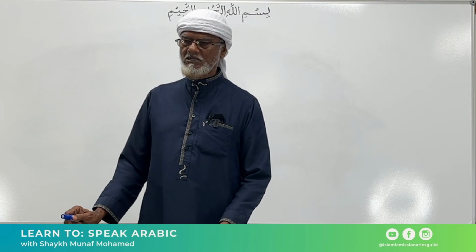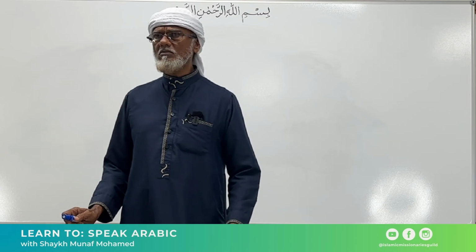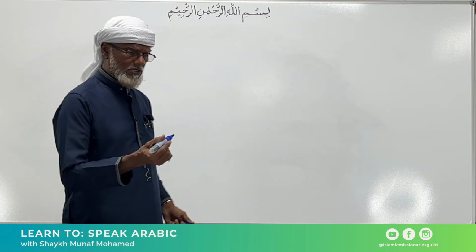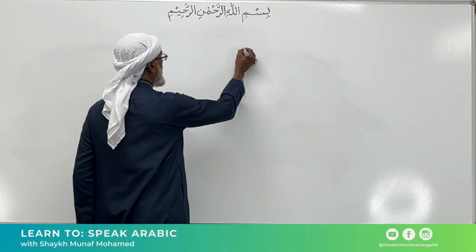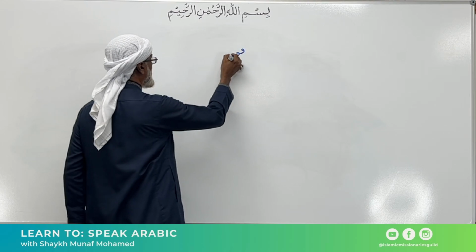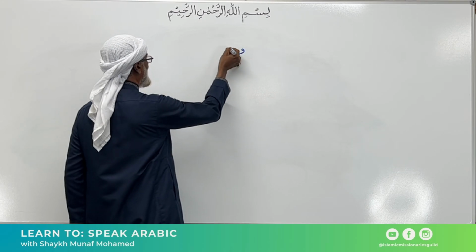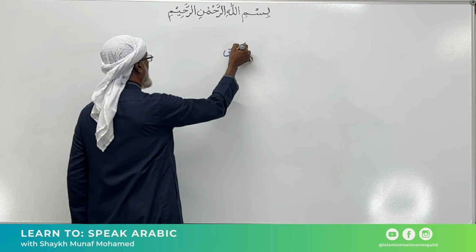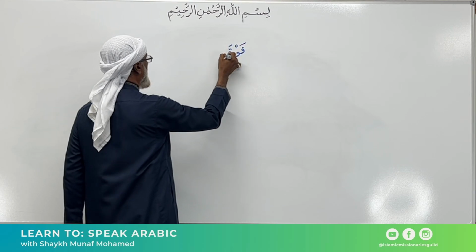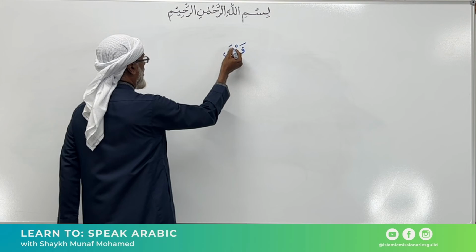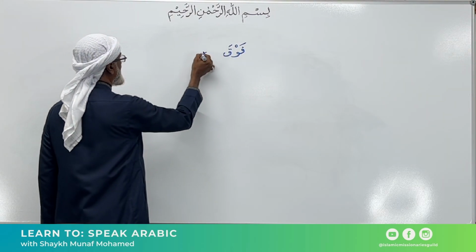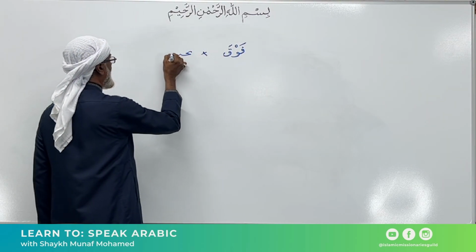And yes, they are indeed places. Such words are words like fawqa. All of these words, you would notice they have a fatha at the end of them. So it's fawqa, and the opposite of fawqa is tahta.